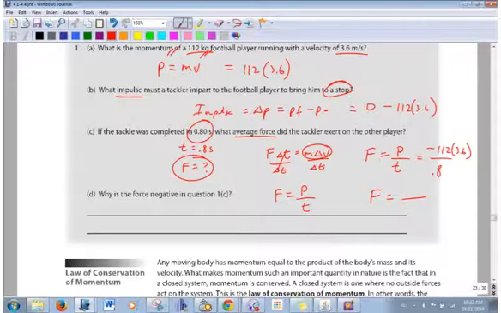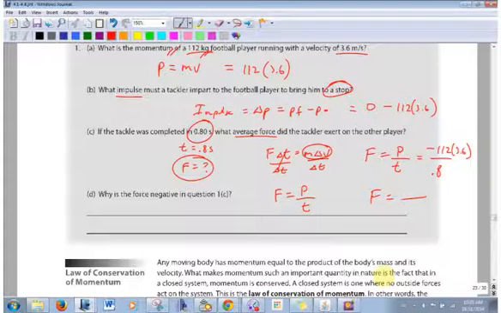All right? So force is, how quickly can you do this? That's the amount of force required. Okay, the stronger the person, the quicker we can bring this moving mass to a stop. And if it takes you a long time, then you have a lot less force to exert.